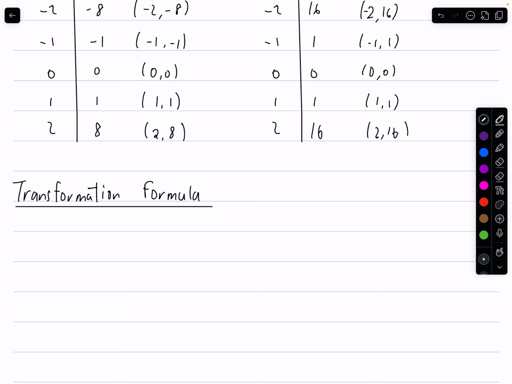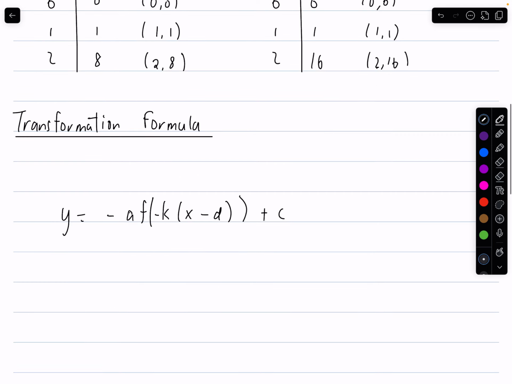So what it says is y equals -a f(-k(x - d)) + c. So this is the universal transformation formula.